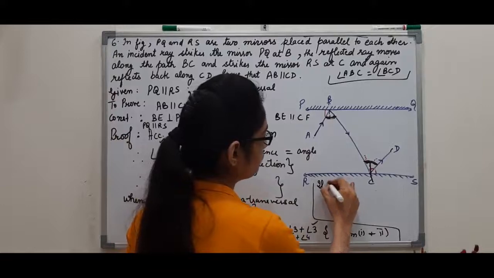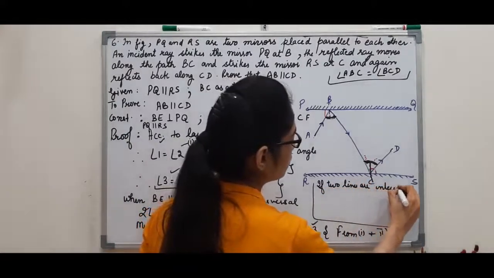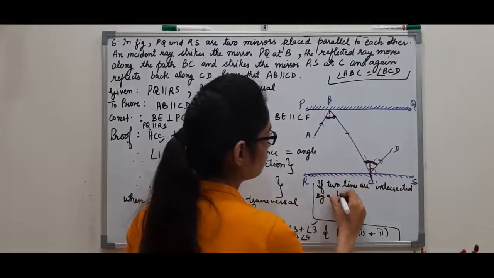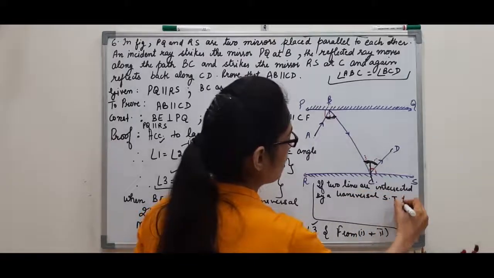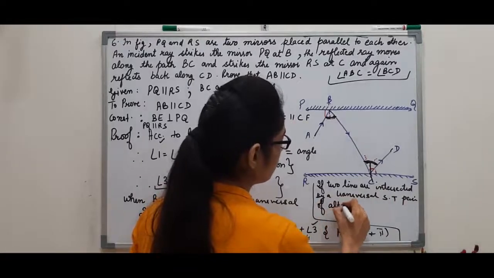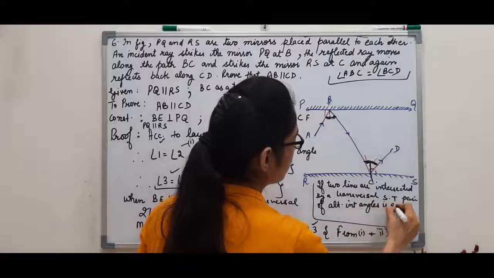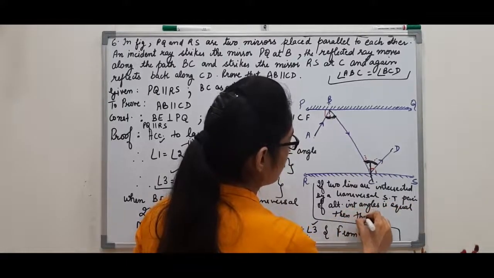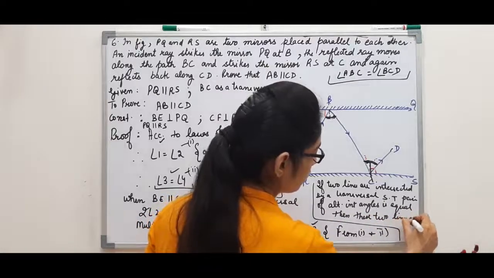If two lines are intersected by a transversal such that the pair of alternate interior angles is equal, then these two lines are parallel to each other.